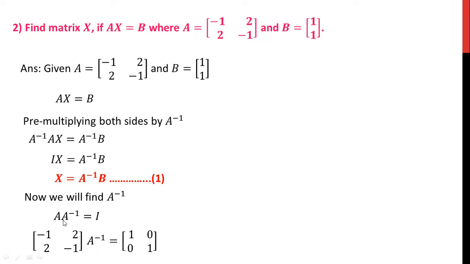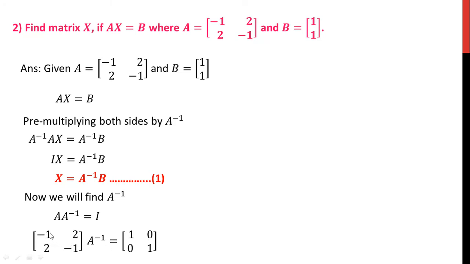A as it is, A inverse remains as it is, equal to, on the right hand side, I, means the 2 by 2 identity matrix. Now to get the inverse of this matrix, we have to reduce this matrix into the identity matrix by taking suitable row transformations. Simultaneously, we have to change the RHS also.